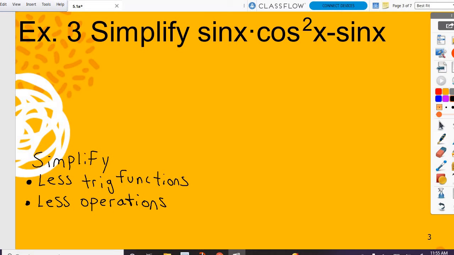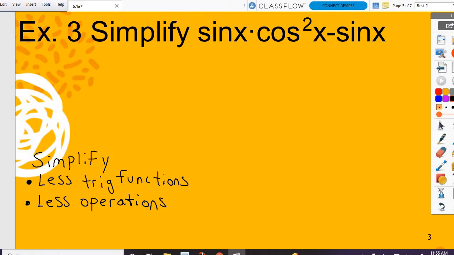Alright, so what do we notice first about this one? There are 2 sines. What else do we notice? Cosine squared. Okay, so anytime we see a squared, which one of our identities has a squared in it? The Pythagorean.